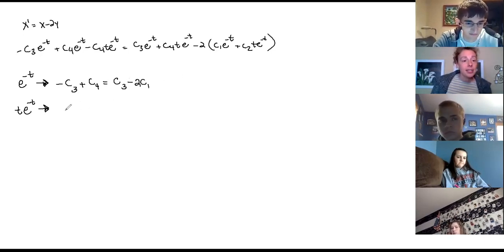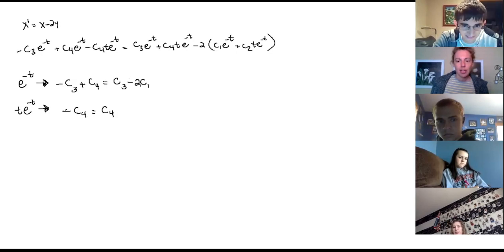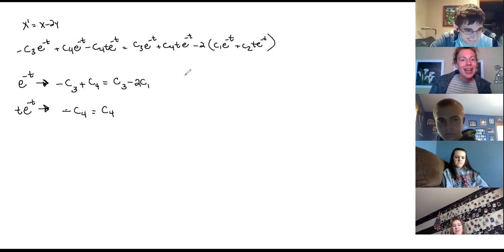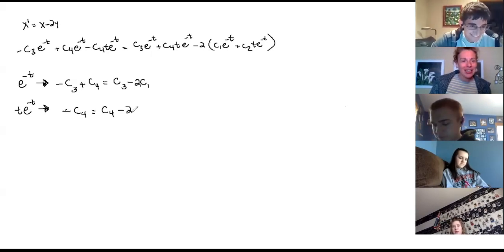For my t pieces, negative c4 equals c4 minus 2c2. I'm matching up both of those.